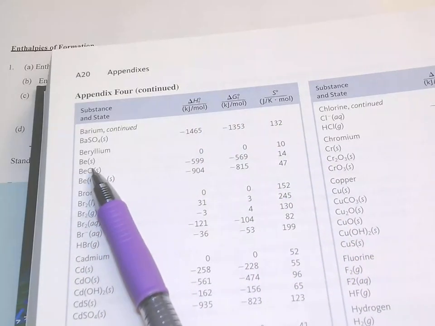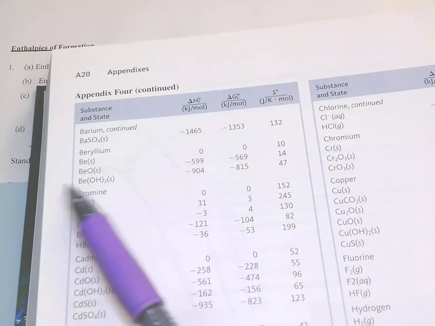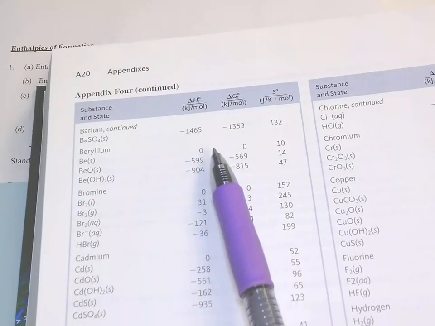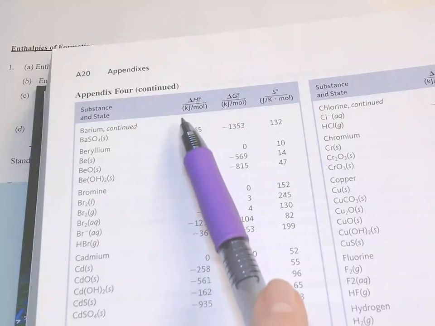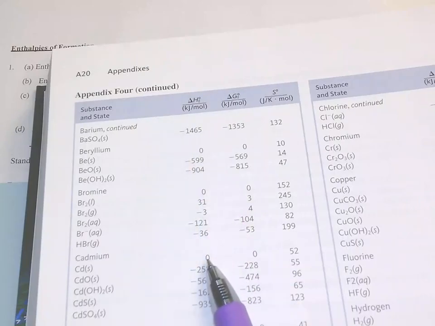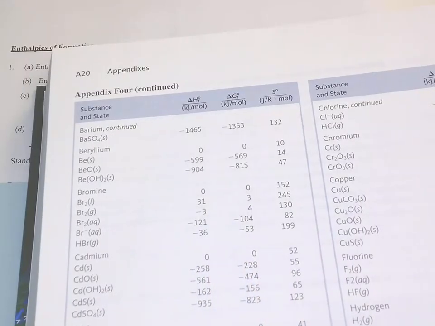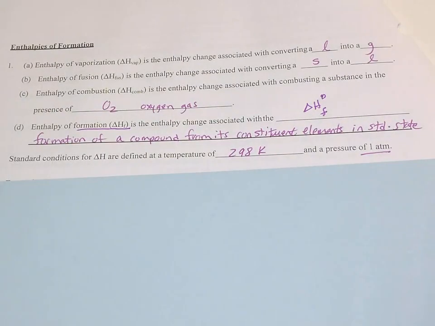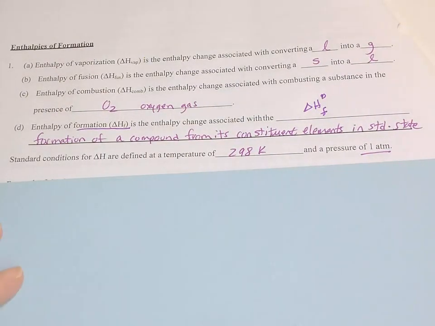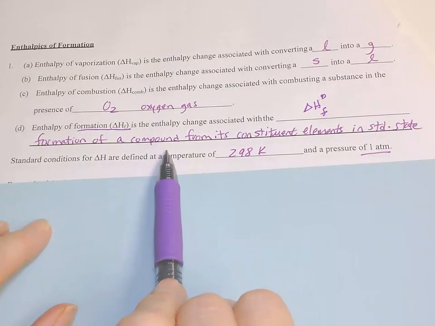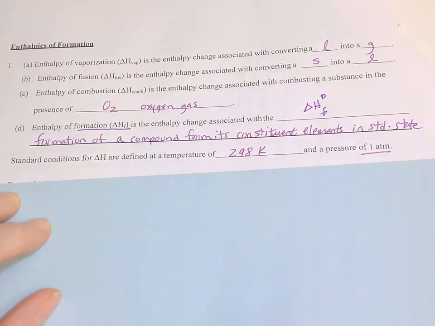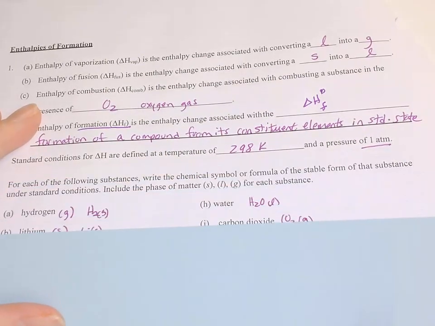Notice an element has a heat of formation of 0 because you cannot make an element from its elements. Almost all of your heats of formation are negative values because to make a compound from its elements will release energy. So heat of formation is a specific reaction where you have a mole of compound made from its constituent elements.